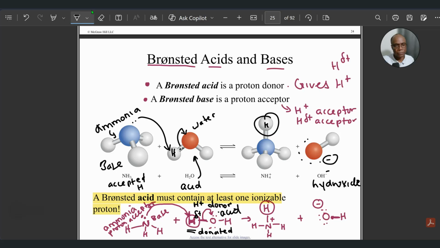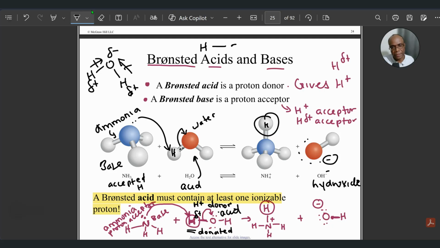What is an ionizable proton? If you look at water, these dipole moments we learned about, pointing to the oxygen. Oxygen is partially negative, hydrogens are partially positive. Because of the partial positive charge, we say that these hydrogens are partially ionized, and therefore water qualifies to play the role of an acid because it has at least one ionizable hydrogen, the one with partial positive charge.